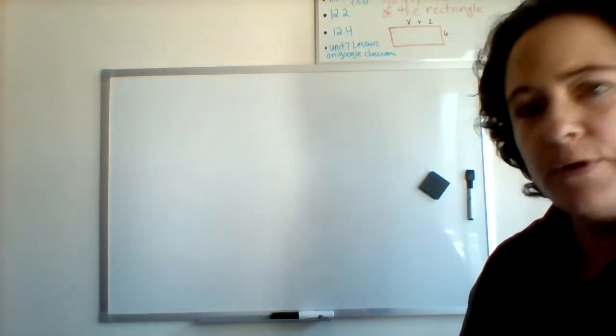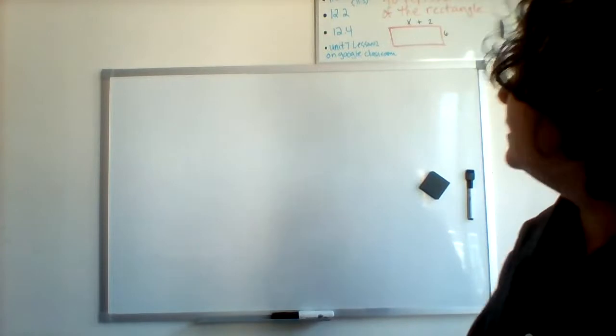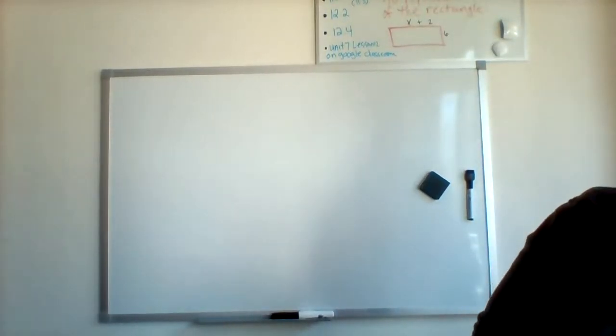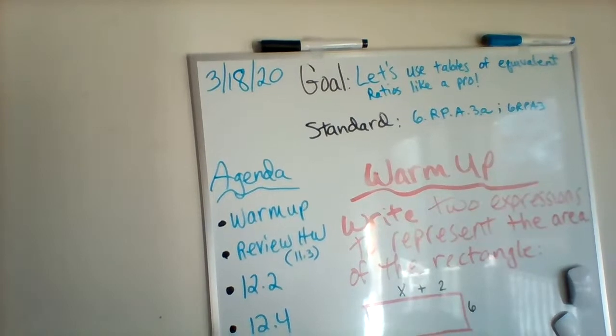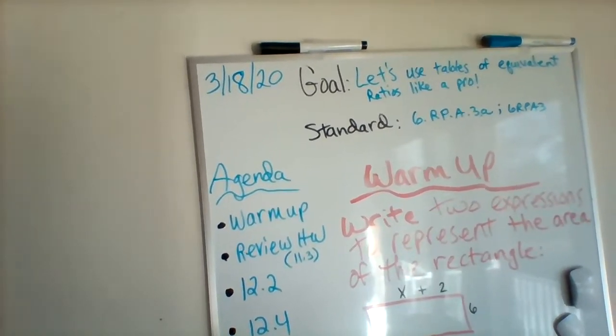Okay, cool. Very cool. All right, so it's working. We're doing good. I'll show you guys this again so you know where we're at. We've already done the warm-up. We've just reviewed our homework 11.3. So now we're on the new tasks, 12.2 and 12.4.